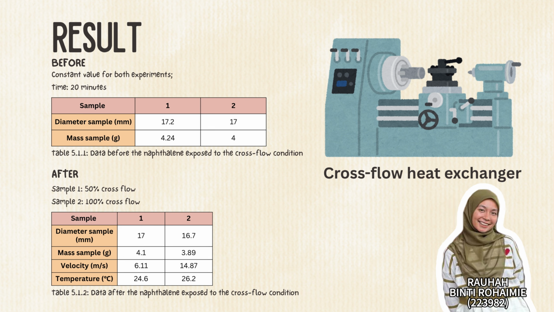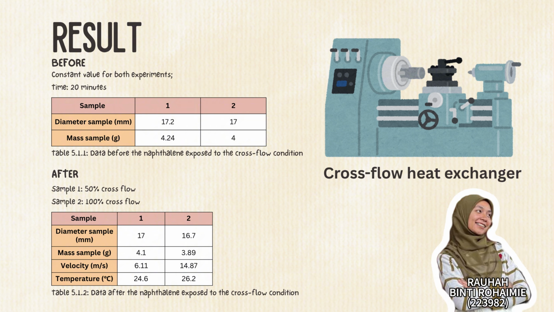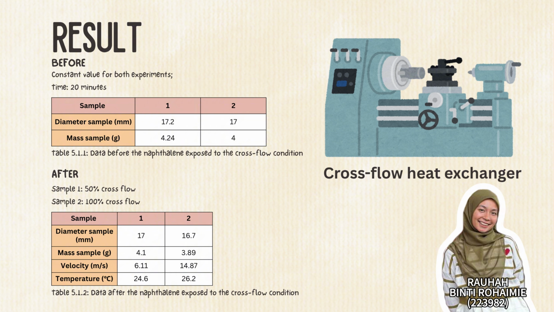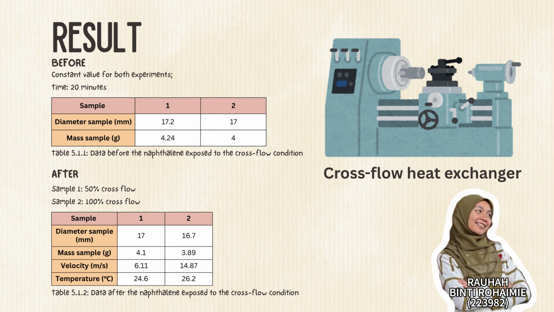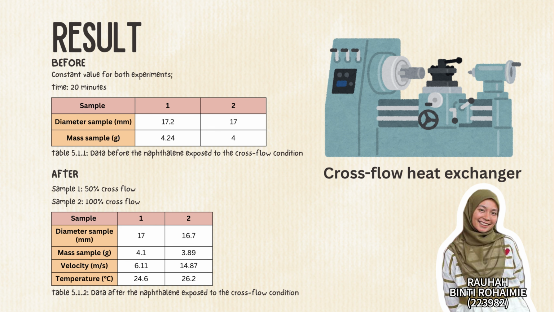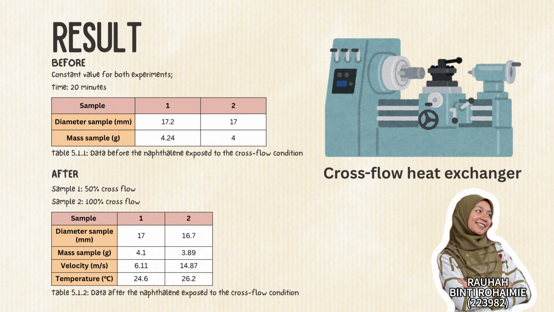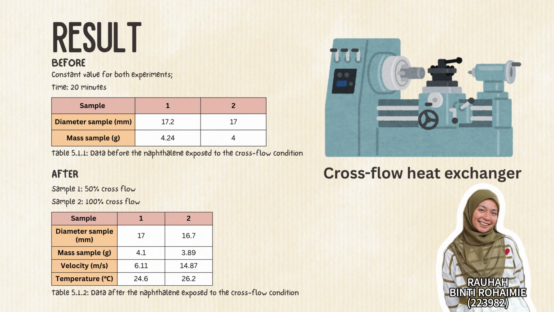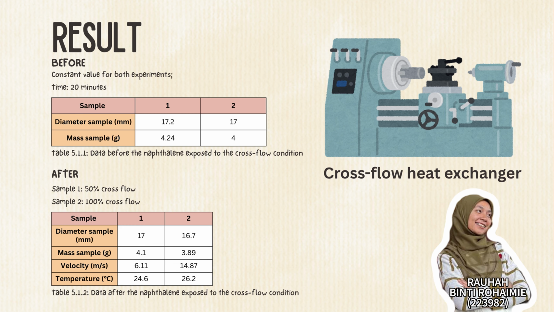After 20 minutes, we can see that sample 1 and sample 2 have a decrease in data, which is the diameter of sample 1 and sample 2 decreased, and the mass of sample 1 and sample 2 also decreased. Since we are using different cross-flow, the velocity and temperature are also different for each experiment.